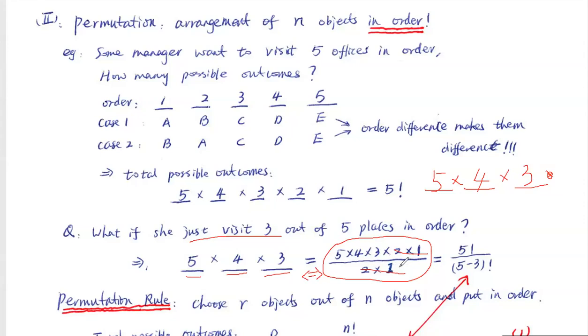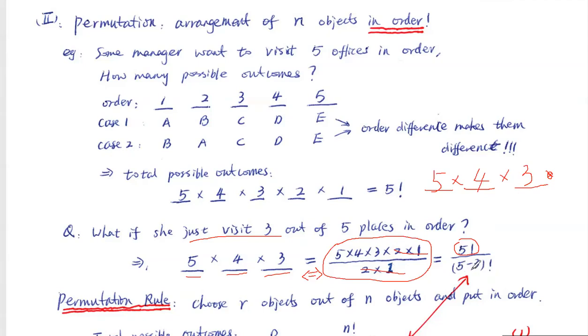Now, if I put it this way, I can write this down as 1 multiplied by 2 up to 5, which we just learned is 5 factorial. And then this is 1 multiplied by 2, and we know what that is: 2 factorial.